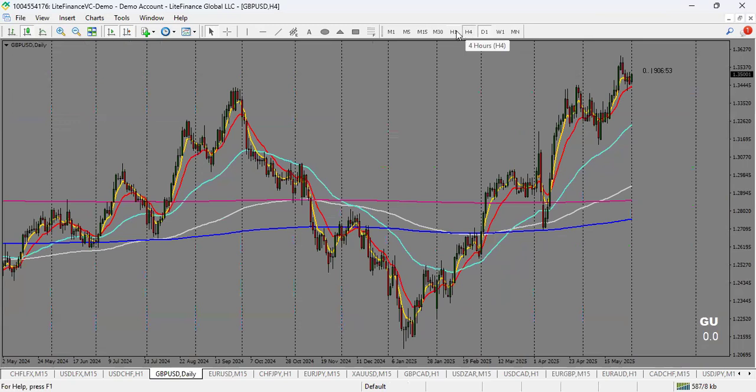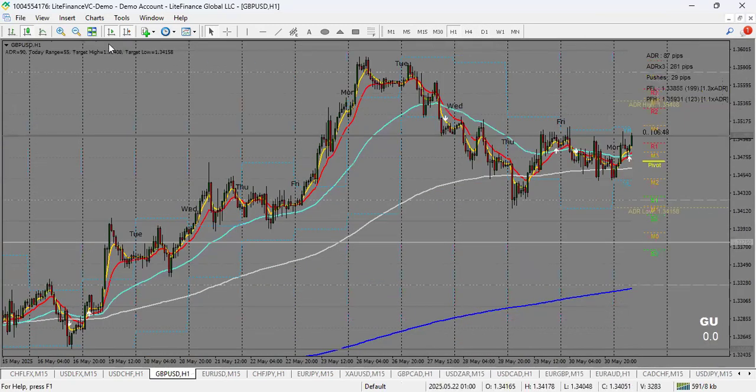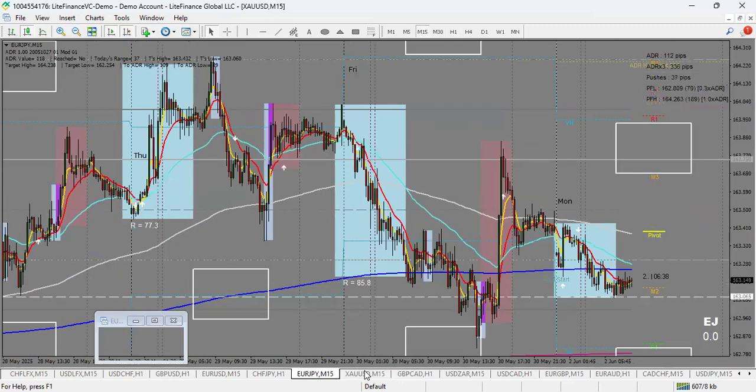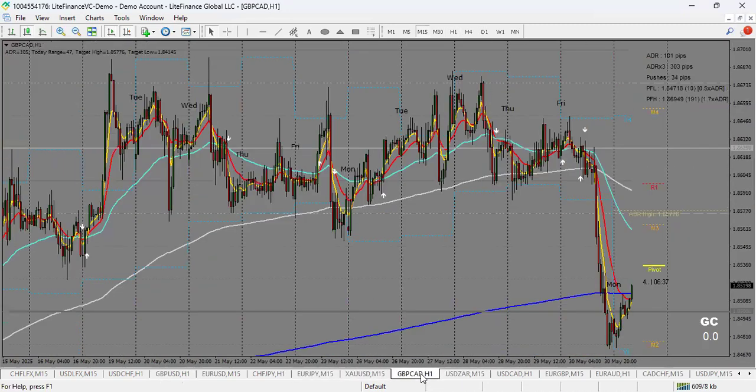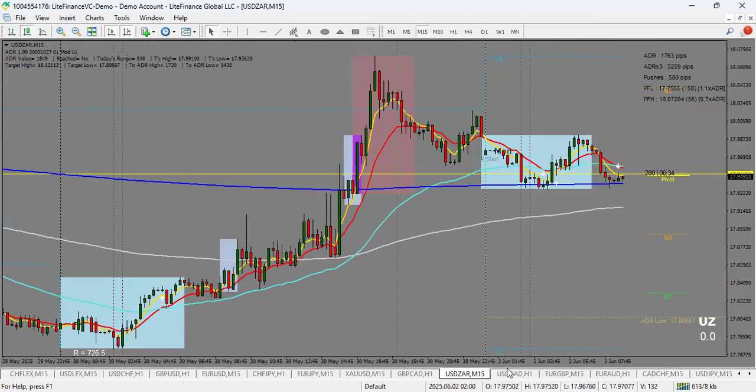It will be quite a week with volatility, and the dollar will be having one of the biggest news on Friday, which is the NFP. So we should be prepared for that.